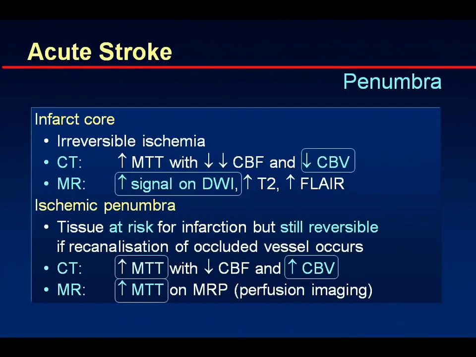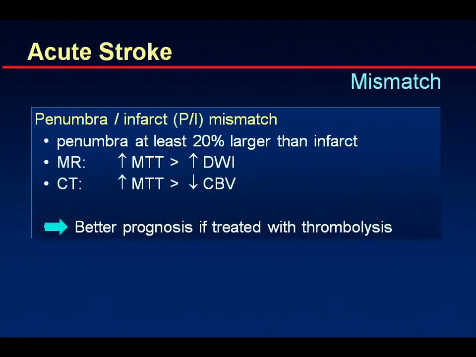On an MR, it's the area where there's increased signal on diffusion-weighted imaging. If you look at the penumbra, it's the area where the MTT is increased, and important that it's penumbra, you have to see that the blood volume is not reduced. And by MR, it's the region with increased MTT. So basically, this is very equivalent, but for the infarct core, we use different techniques.